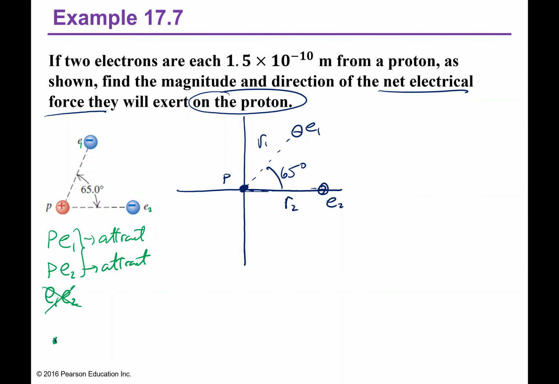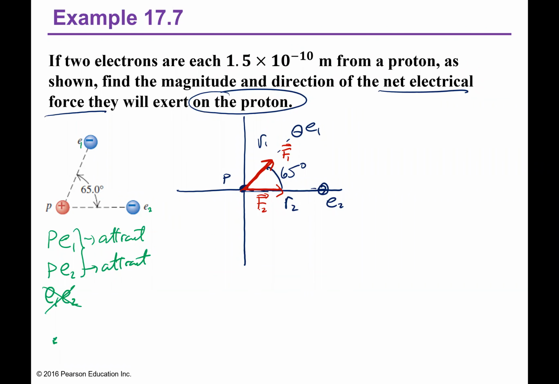So let's see then. Here's going to be one force. So this is F1 on the proton, or let's call it just F1. And then here's going to be another force, and this is F2. Because the proton has a force toward E1, because E1 is pulling, and there's another force toward E2.